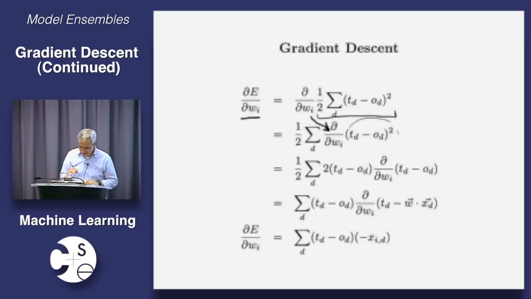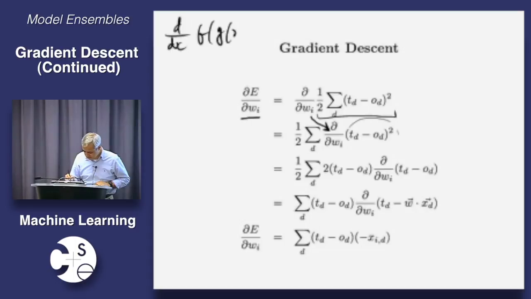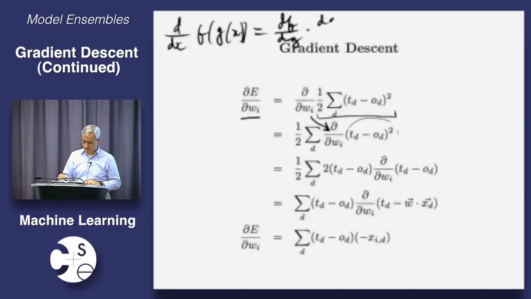Let's write that here in the corner. d/dx of f of g of x, a function of x, is d of f of g of x with respect to d of g of x, times, very good, d of g of x with respect to d of x.